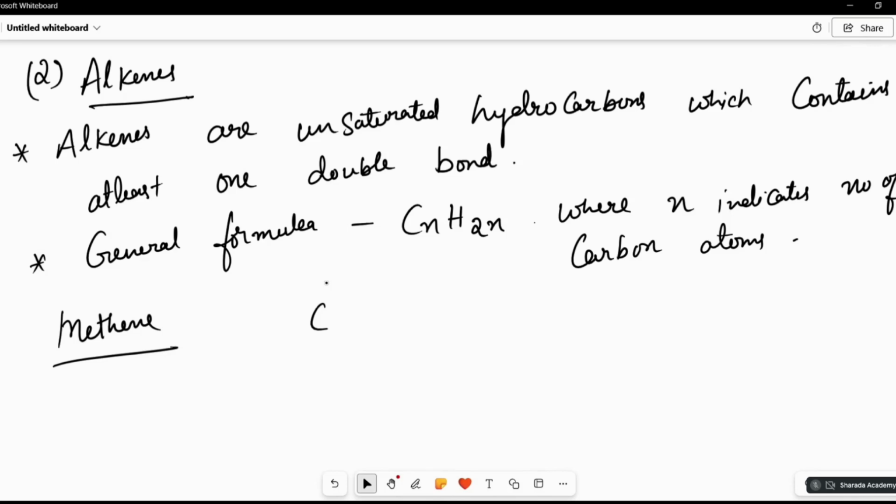So to have the double bond in hydrocarbons, you should have at least two carbon atoms. With carbon atoms only, carbon to carbon only, you will have double bond and triple bond. Again, I repeat, see, hydrogen valency is 1. That means it can share only one pair of electrons. So with carbon to hydrogen, you can't have double bond or triple bond. Correct?